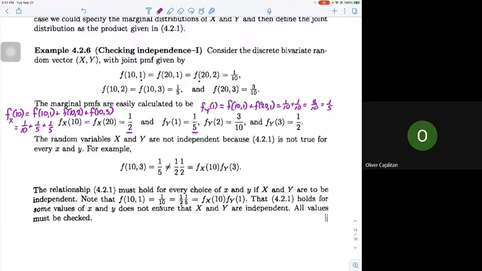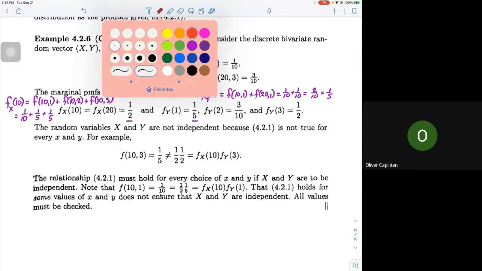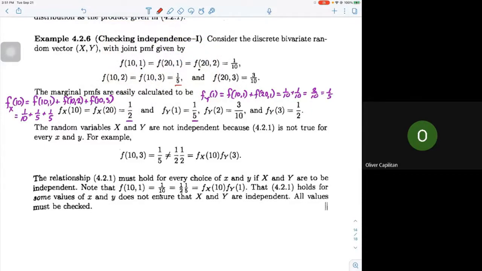So say we have x equal to 10 and y equal to 3. The joint is equal to 1/5, given in the problem. And then the marginal f of x evaluated at 10 is equal to 1/2, and the marginal of y evaluated at 3 is also equal to 1/2.